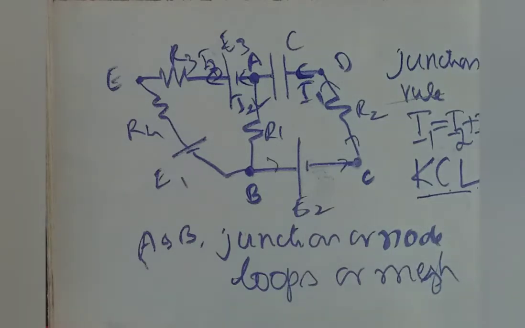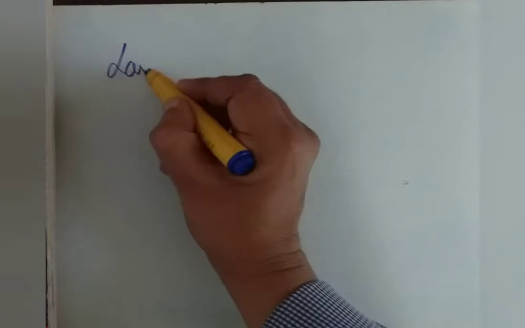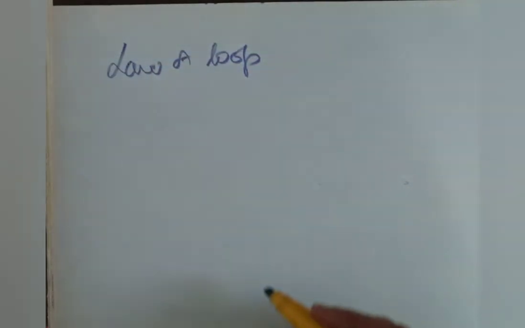With this, we proceed to the next rule, what we call the law of loop or law of mesh. It's also very simple. Now we are learning Kirchhoff's law of loop. What does it say?